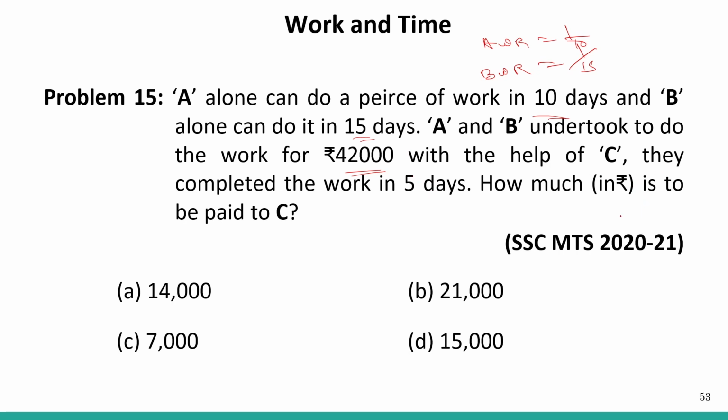How many rupees are to be paid to C? For that we will need to calculate the amount of work from the whole work that has been done by C, right? So is it 14,000, 21,000, 15,000 or 7,000?